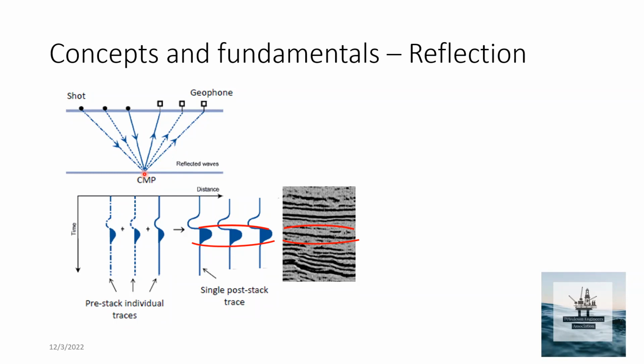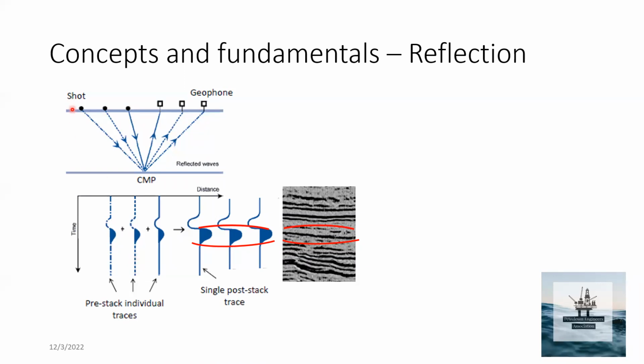Okay. Now we will try to imagine the trace coming from the reflection. It will be like this. Do we only have one trace? We have a lot of traces. Each trace represents a CMP.